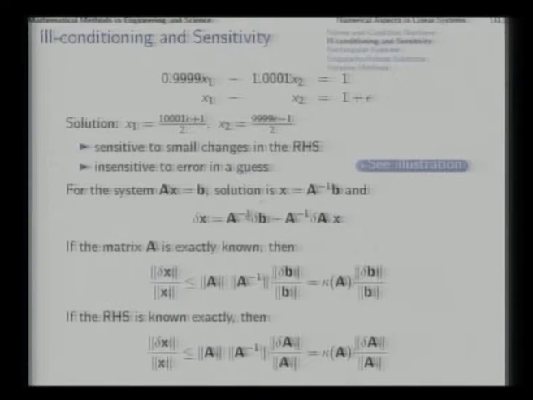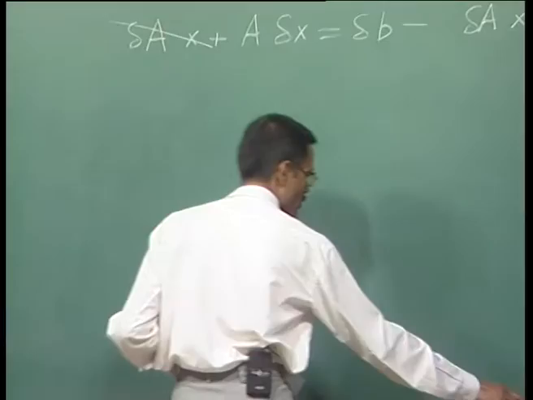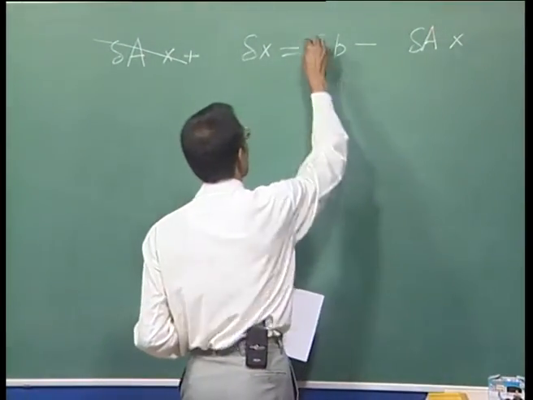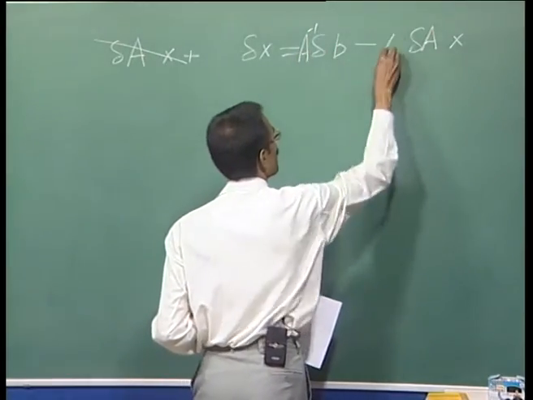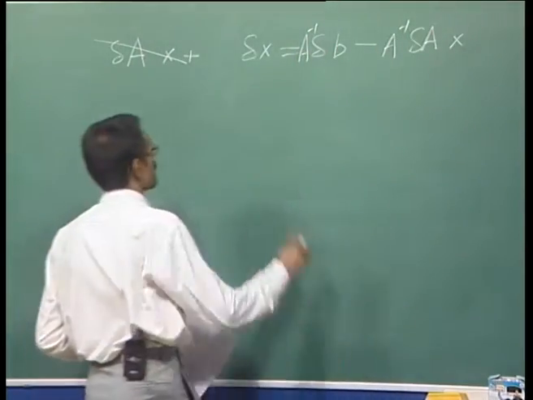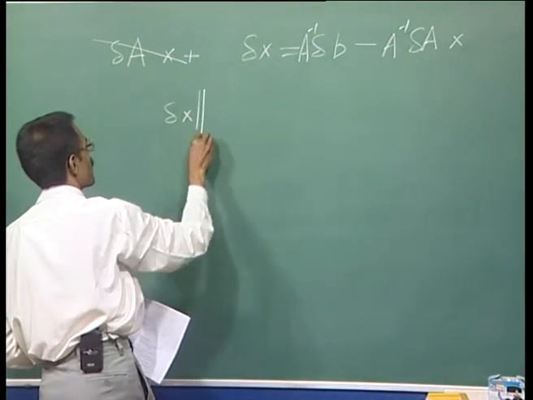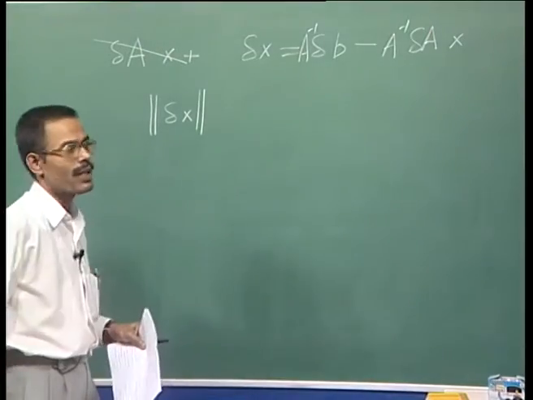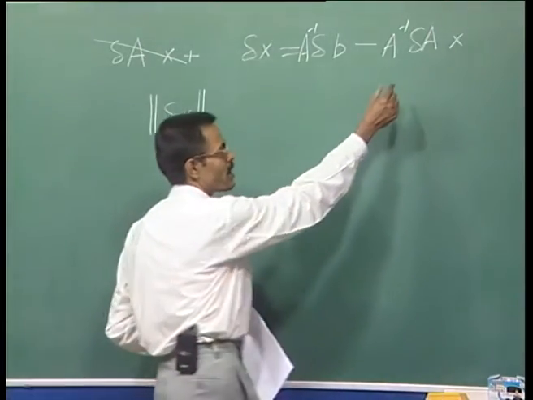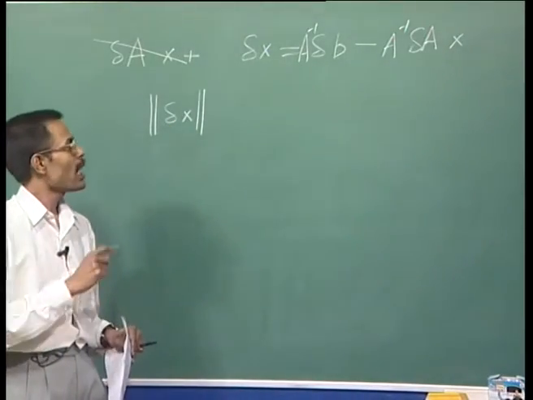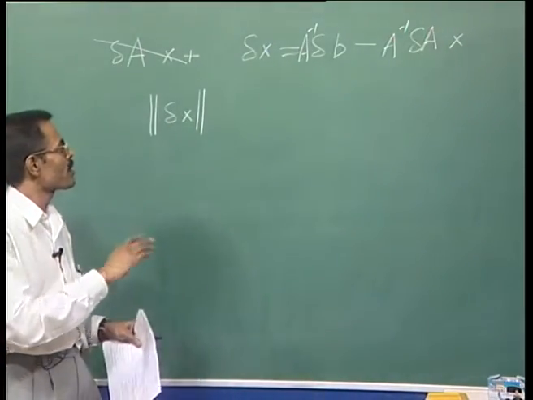Now, when we try to consider the effect of delta b only, we take the size of delta x, the norm. In the first case, we are considering that the matrix is exactly known. That means delta A is 0, delta b is something, and we are interested in seeing its effect, right.